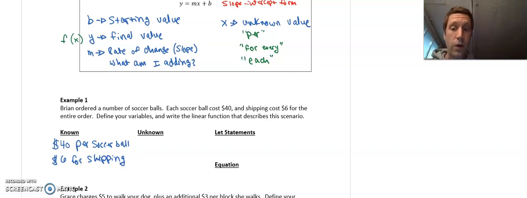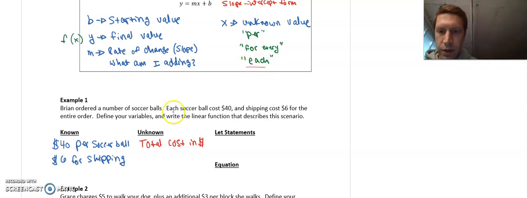What values don't I know? Okay. Well, let's see. I don't know the total cost, right? In dollars. And let's look for those keywords.